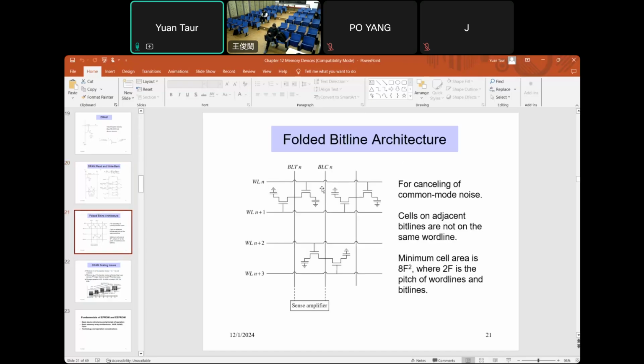I mentioned the complementary bit line. So this shows the cell. We consider this cell.